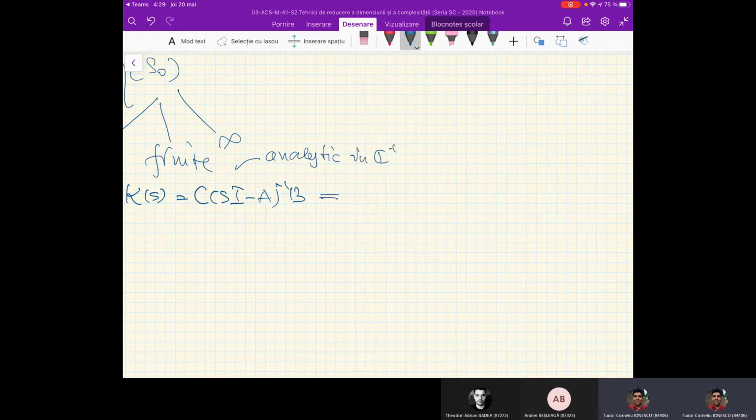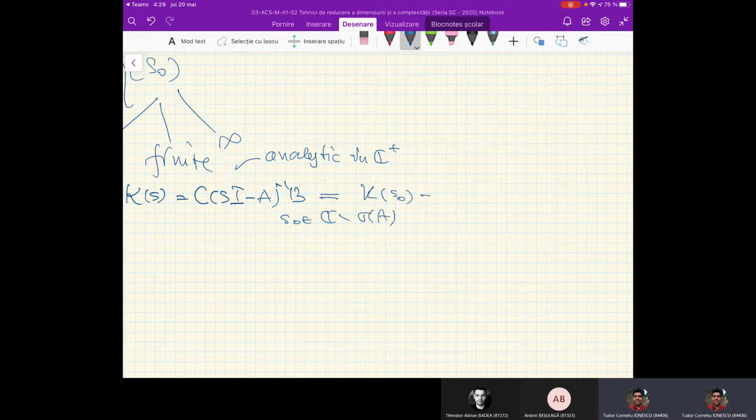So you can write this around some point S0 complex, where S0 is in C minus the eigenvalues of A. Makes sense?